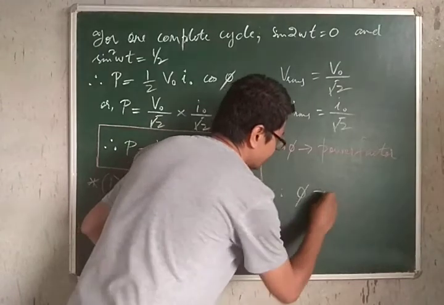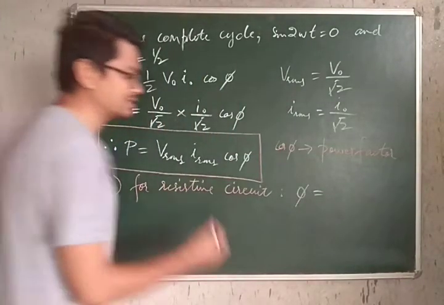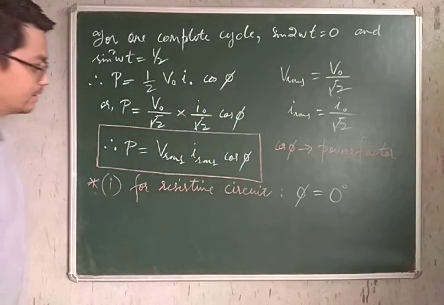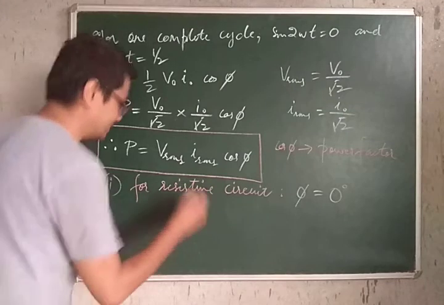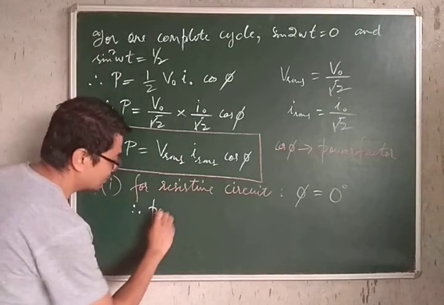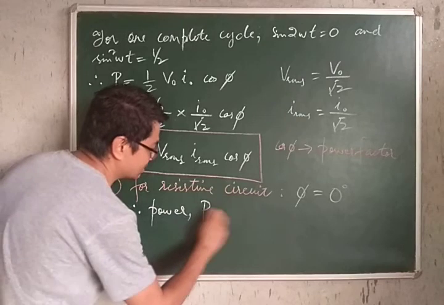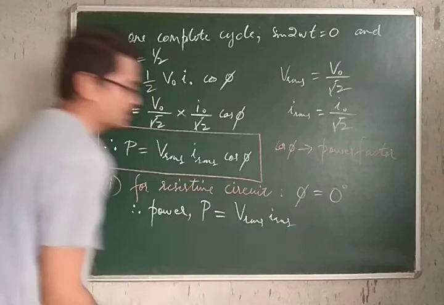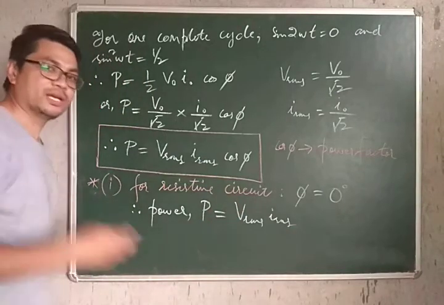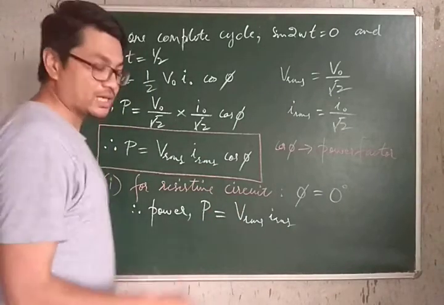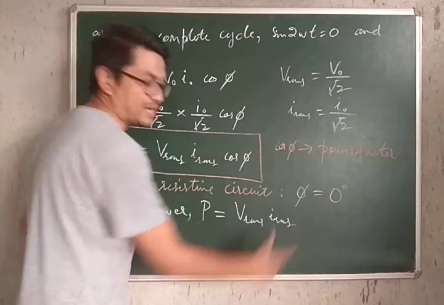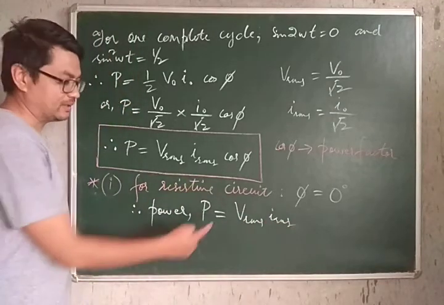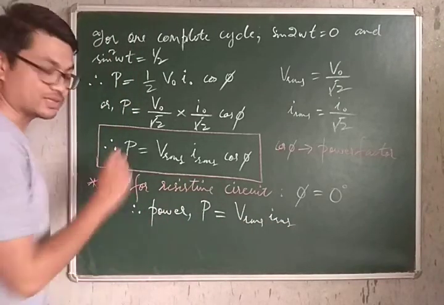We know the phase difference between current and voltage is 0 degrees or 0 radians. So what is cos 0? Cos 0 is 1. Therefore, power in case of a purely resistive circuit is Vrms into Irms. So this is the same as in the case of direct current, because in case of direct current, we have seen the power is voltage times the current. So it's the same as in the case of direct current for resistive circuits.